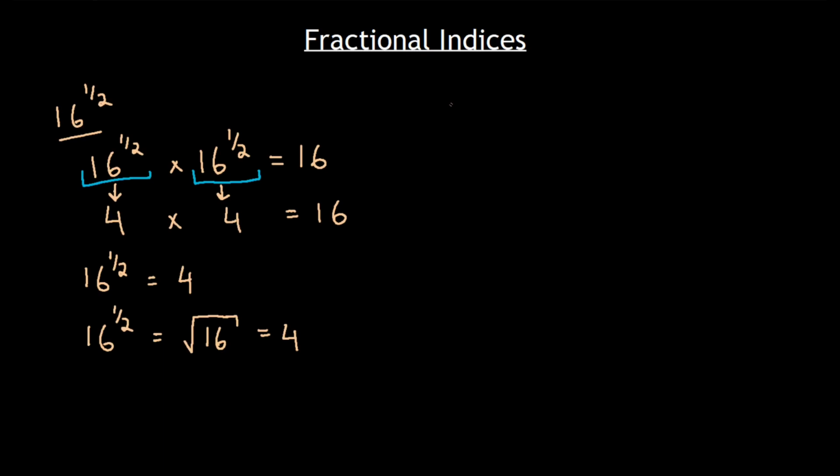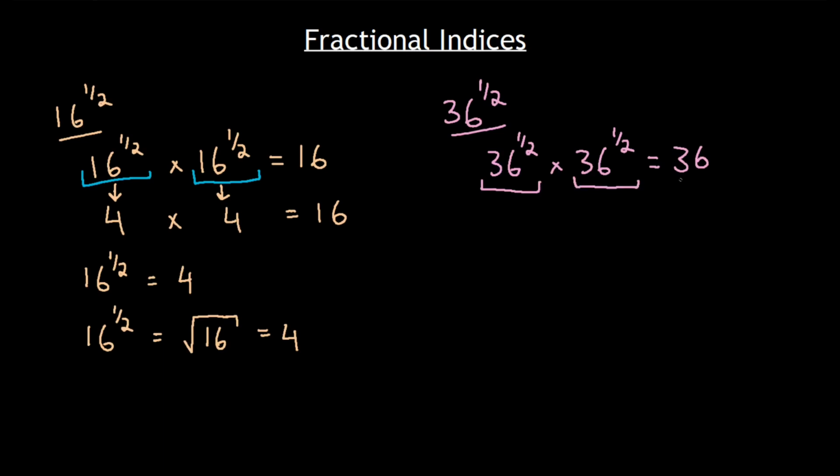Now let's have a look at another example, say 36 to the power of a half. Again, we can have 36 to the power of a half times 36 to the power of a half, and a half plus a half makes 1 whole, so it's just 36. Again, what number multiplied by itself makes 36? The only one we can think of is 6.